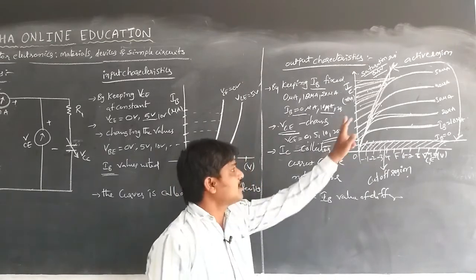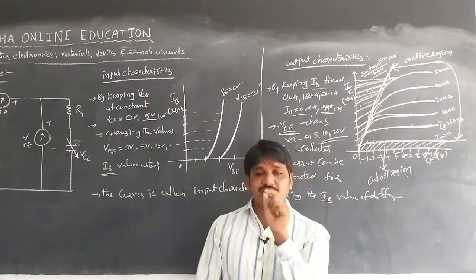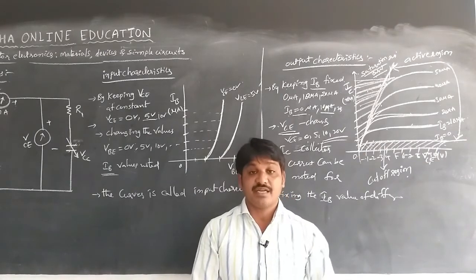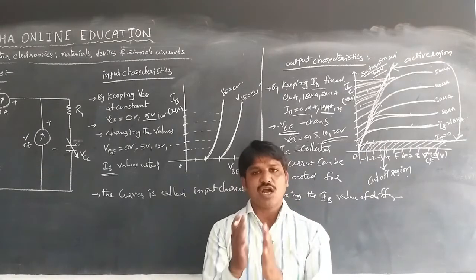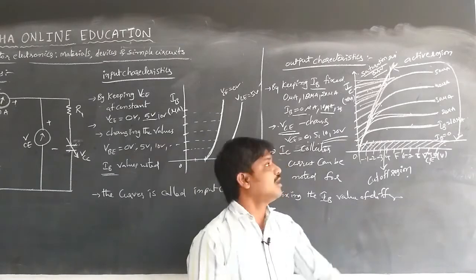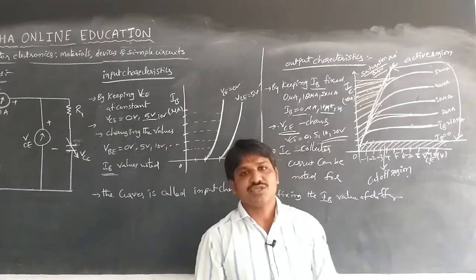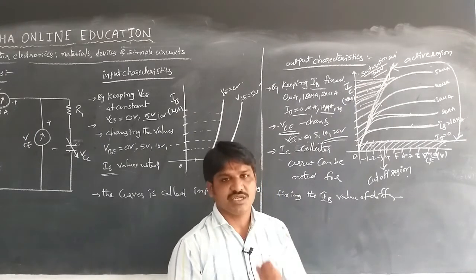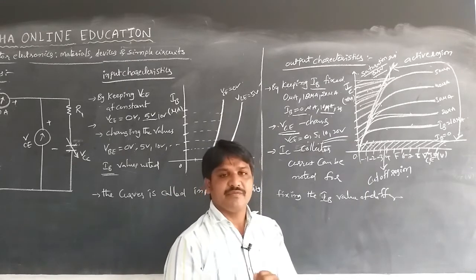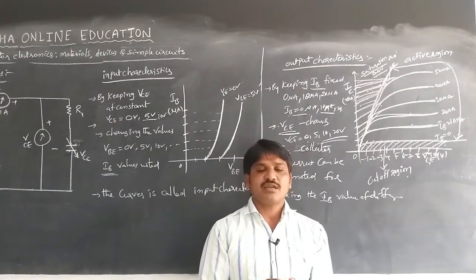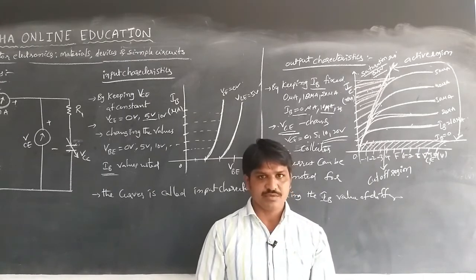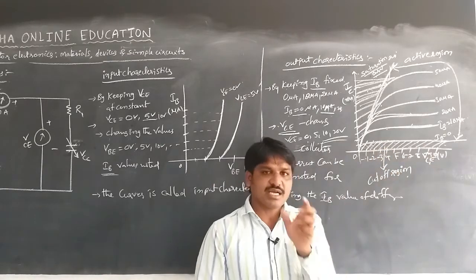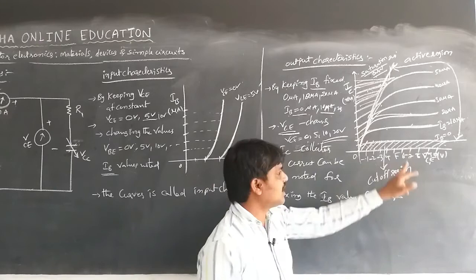Once again, in that region the collector current is almost independent of the base current. This happens when the input and output circuits are forwardly biased, and it is called the saturation region. Where the collector current is almost zero in the circuit, even when the potential changes, that is the cutoff region.